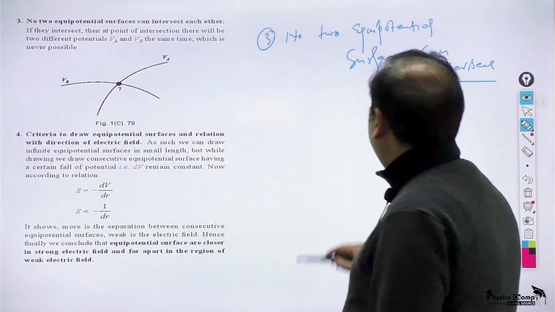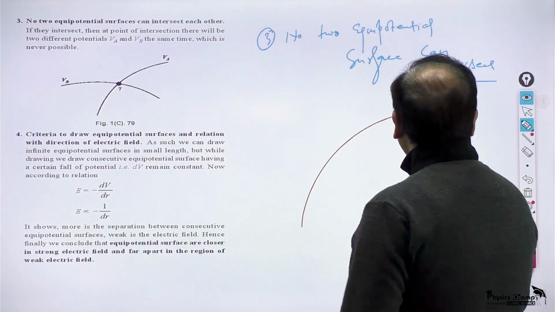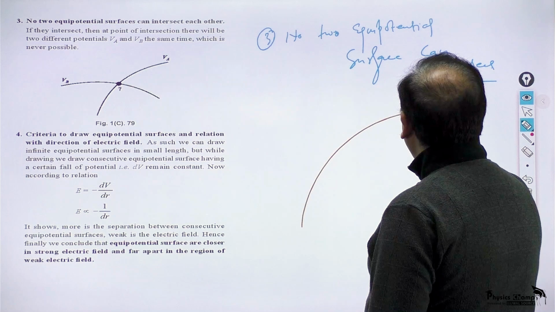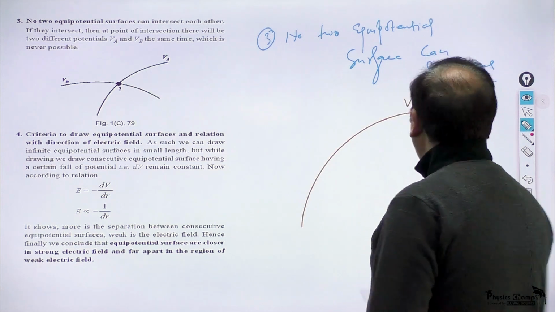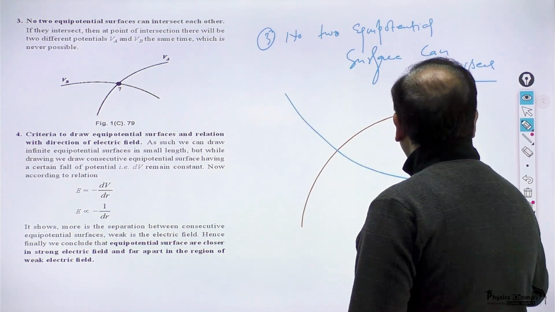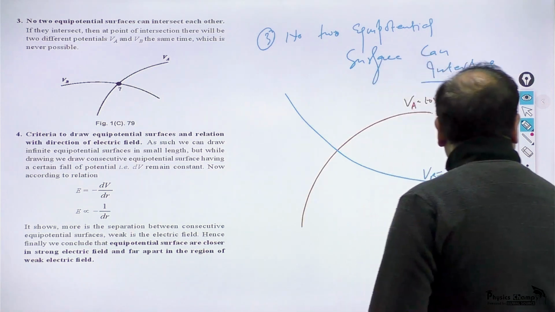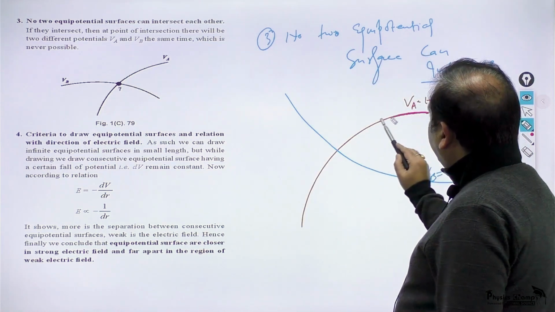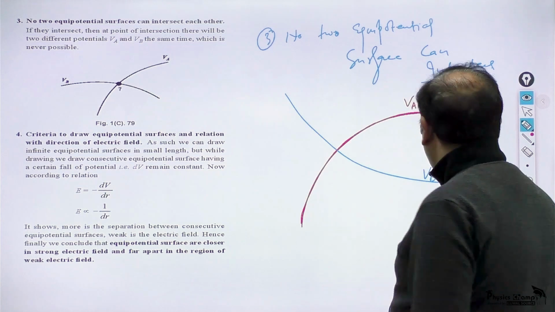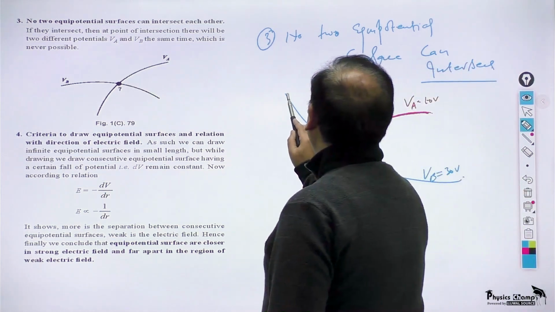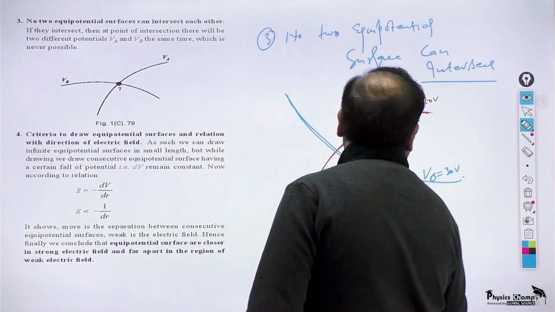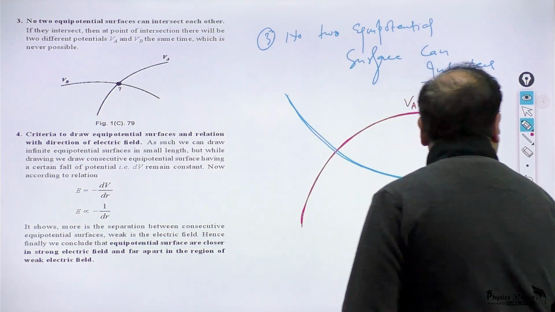Why? You have one equipotential surface maybe with a value 10 volt, and you have another equipotential surface maybe with a value 30 volt. It means on every point of this line the potential should be how much? 10 volt. And every point on this line the potential should be how much? 30 volt. But what about this point?